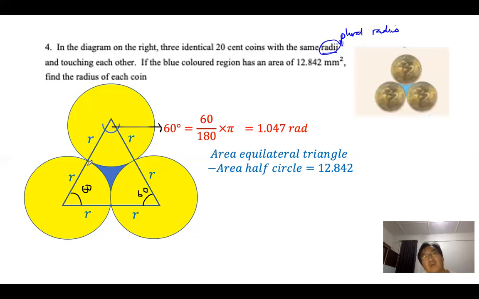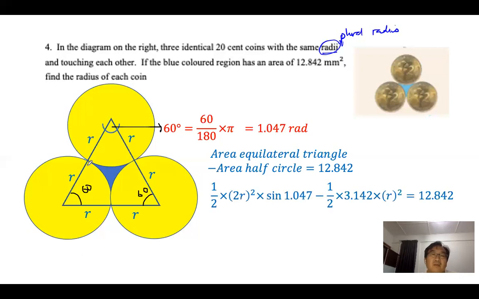Why half circle? Because 60, 60, 60 is 180. At first, I also thought about one circle, but you look at the angle, 60 degrees, you times 3 is 180 only, so it's a half circle.